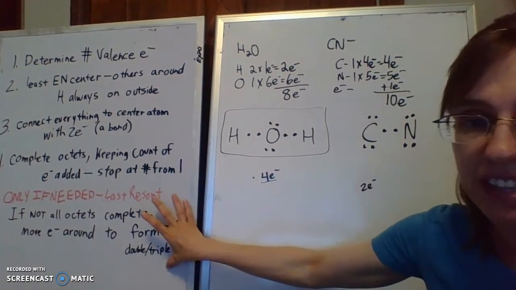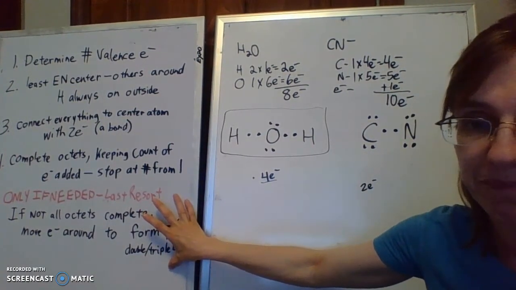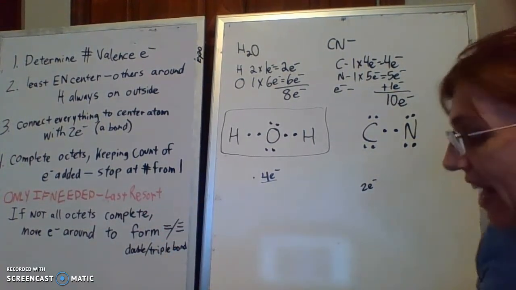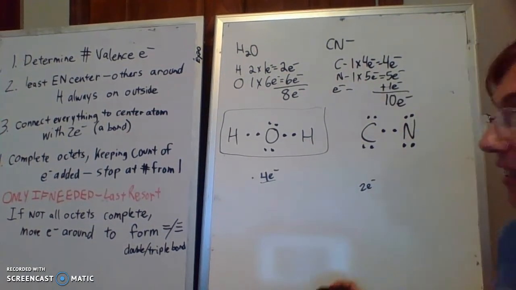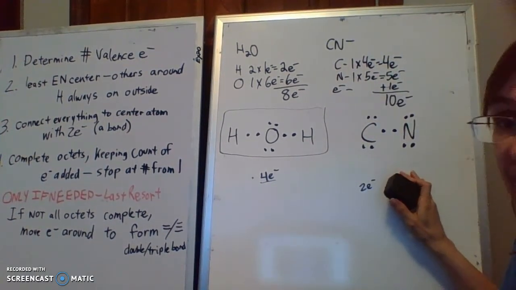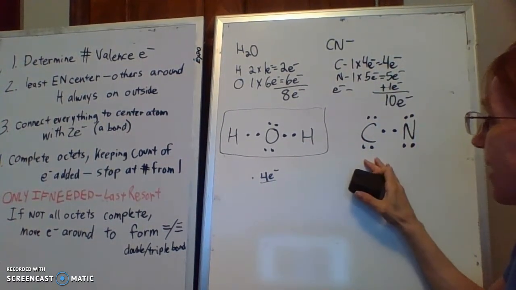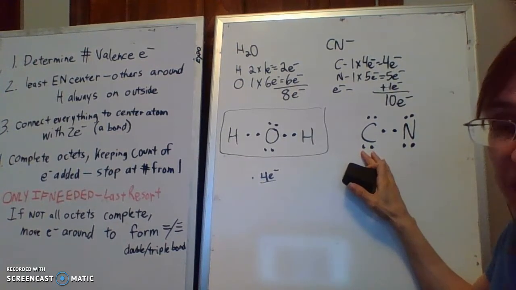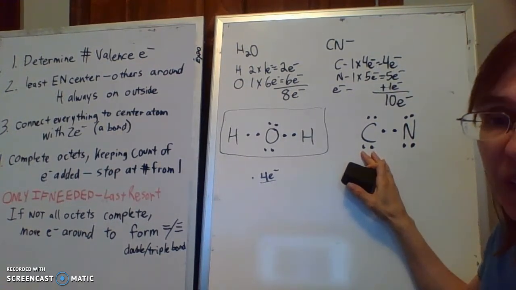So that's where this last rule comes in. We cannot add any more dots to this, but we can move them around. And if neither one is happy the way it is, we're going to have to get them to share some of these electrons so that then we can get 8 valence electrons for both.